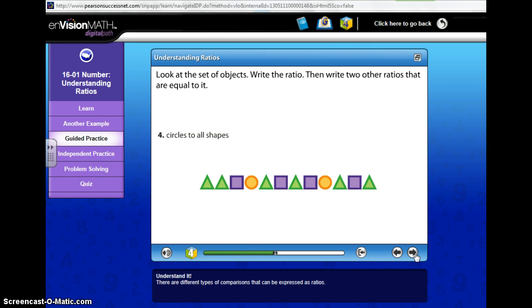Circles to all shapes. Alan? Which is the same as this. Could we simplify that?